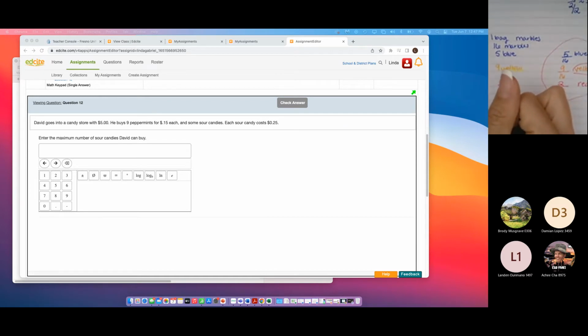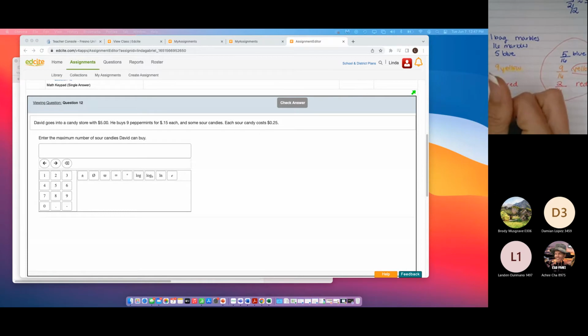David goes into a candy store with $5. He buys 9 peppermints for 15 cents each. All right, so he has $5.